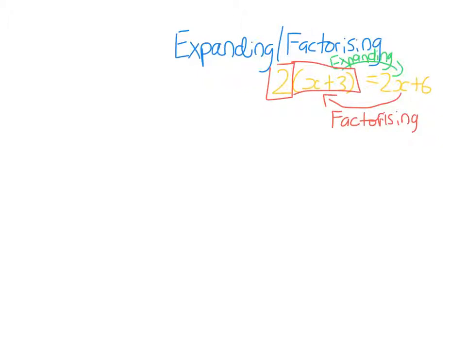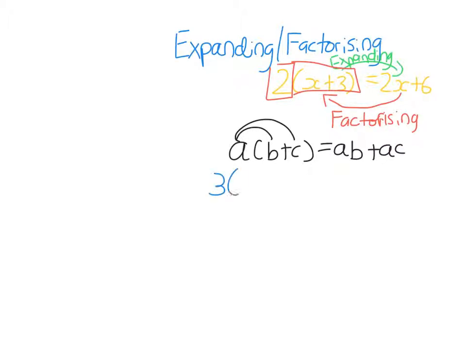So let's go through how to actually do this. The distributive law for expanding says if you have a outside of b plus c, you distribute the a to the first thing in the brackets, and you distribute the a to the second thing in the brackets. So let's look at some examples. If we have, say, 3 outside of x plus 4, we go 3 times x, 3 times positive 4, which is 12.